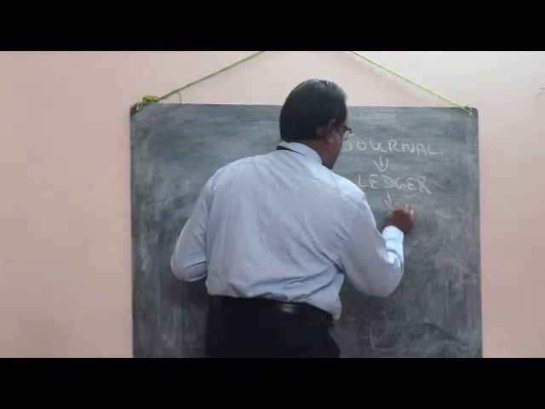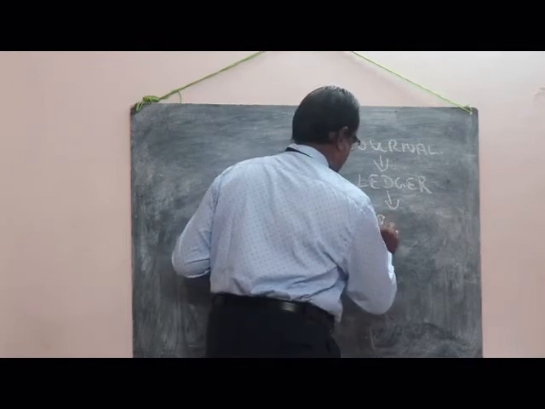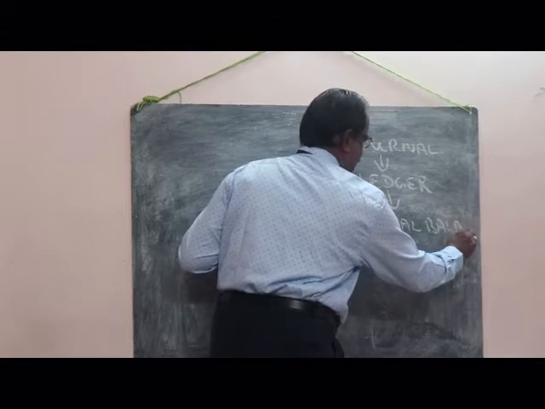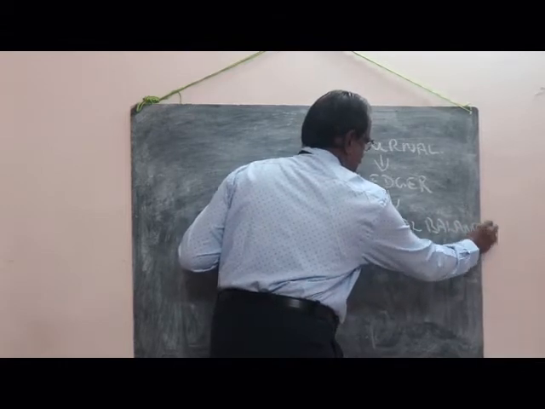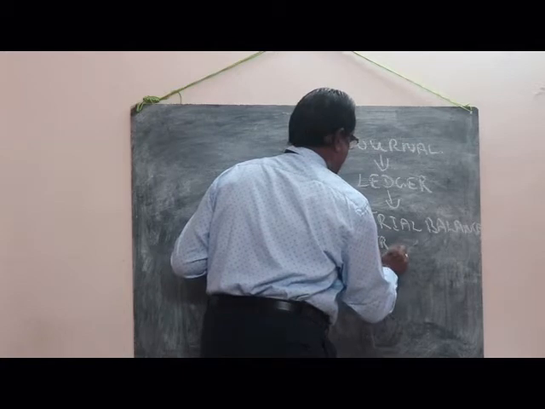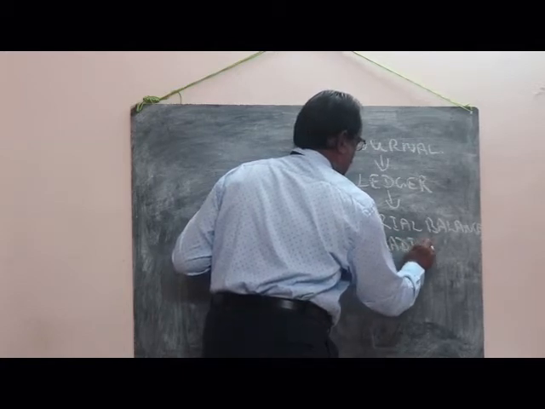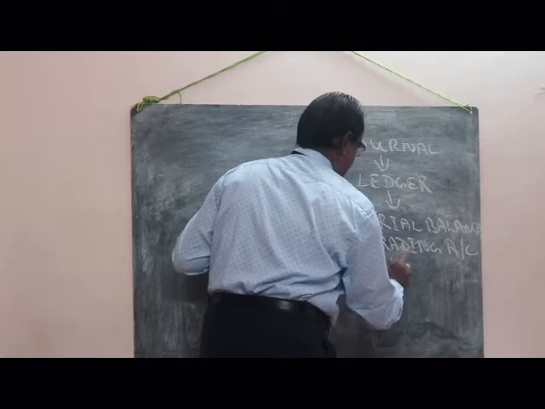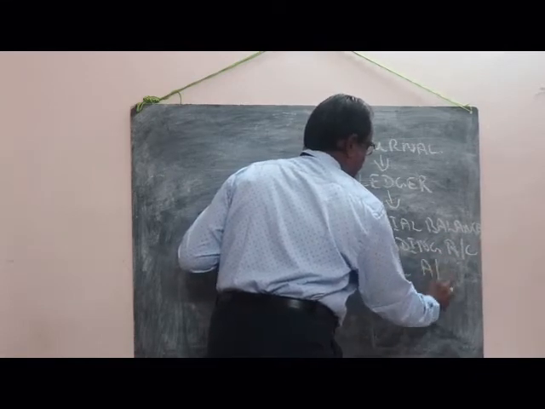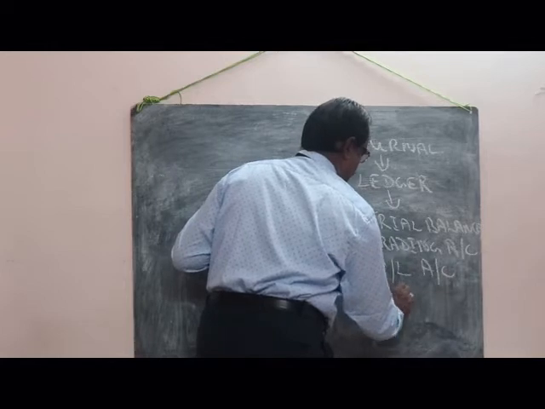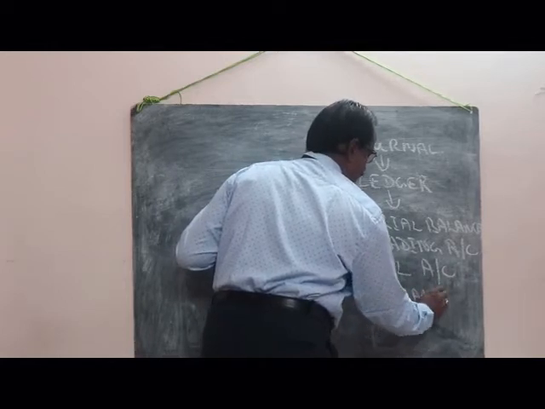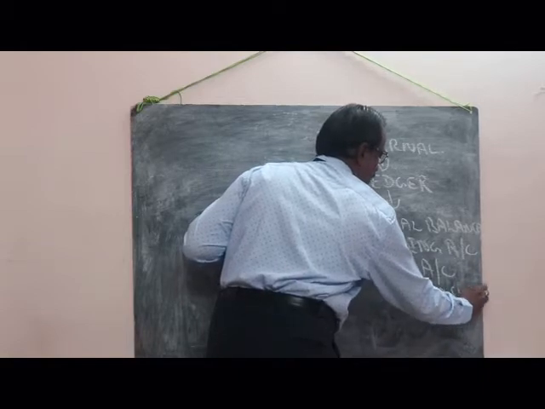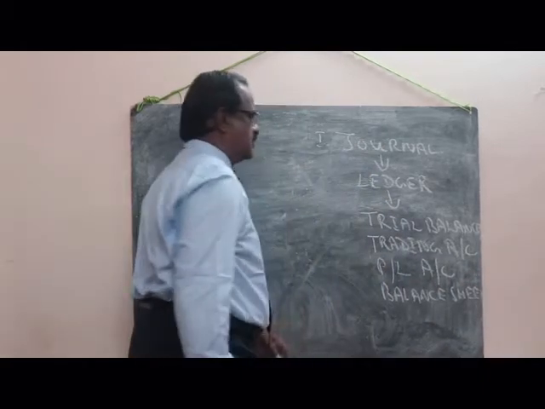How to summarize? Trial balance, trading account, profit and loss account, balance sheet.